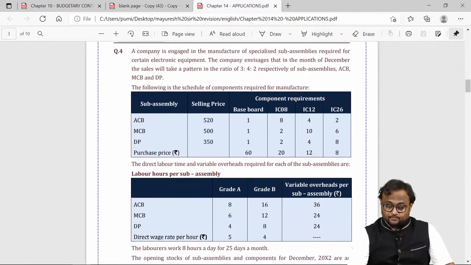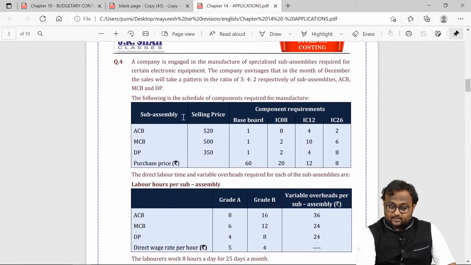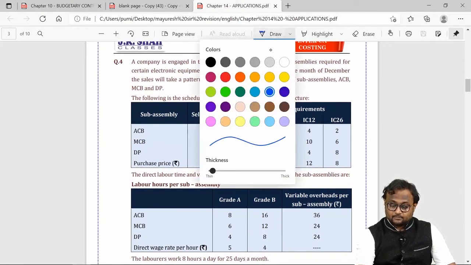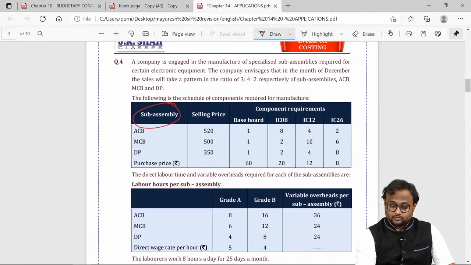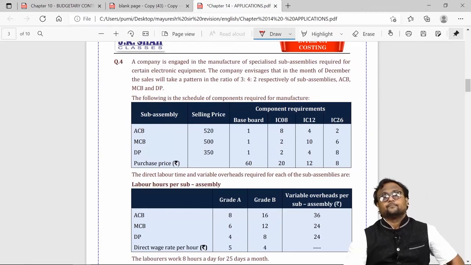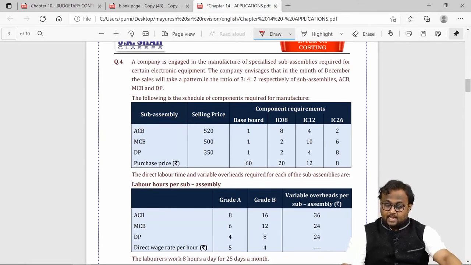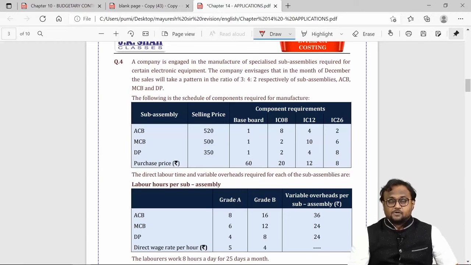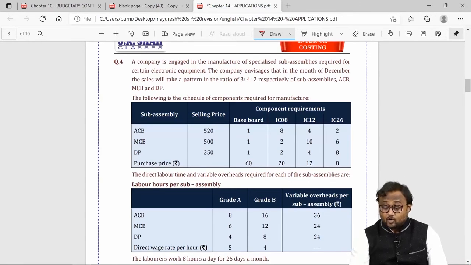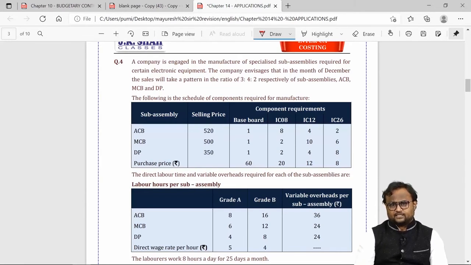What was the question? They gave us sub-assembly as finished goods. There were 3 finished goods, ACB, MCB, DP, having different selling prices. And there were 4 different types of raw materials required to be consumed: Baseboard, IC08, IC12, IC26.